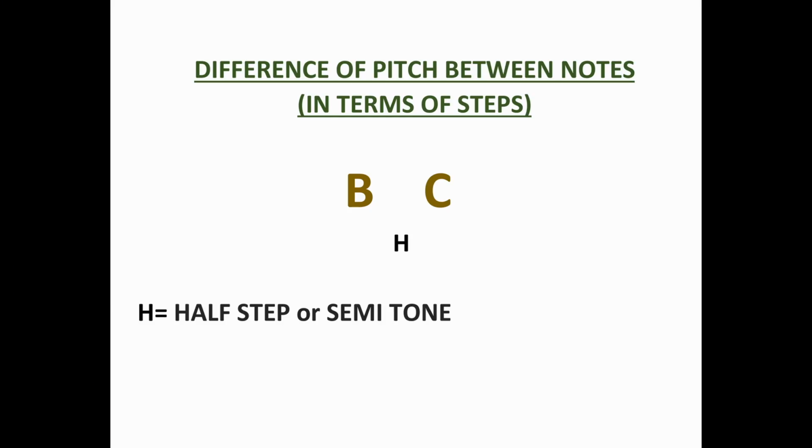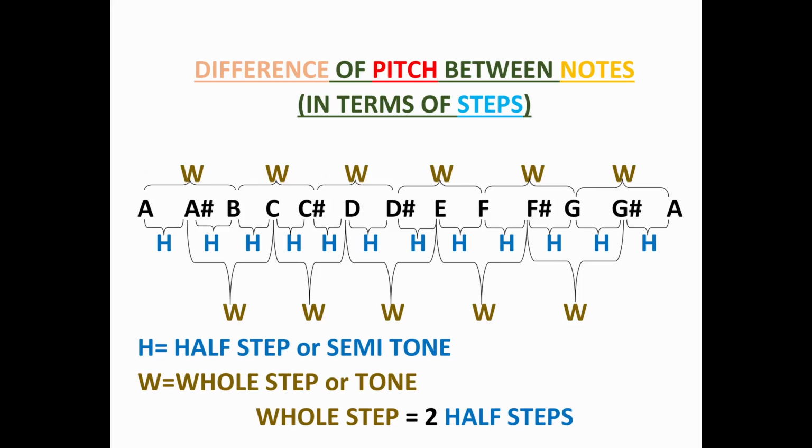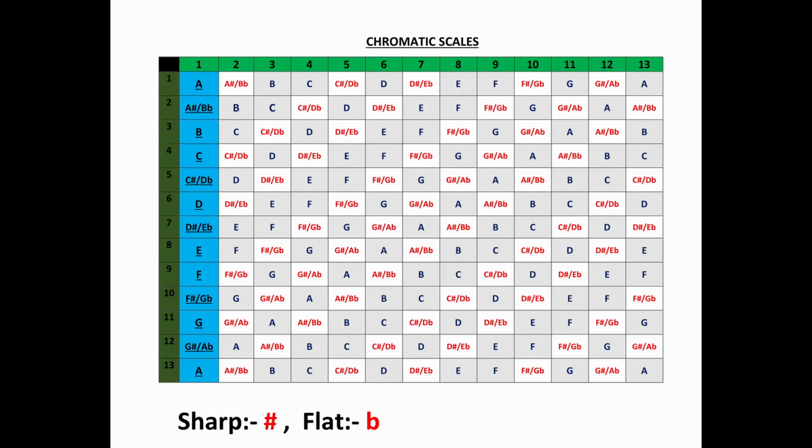Now here B and C, B does not have any sharp and C does not have any flat, so B to C is a half step, then C to C sharp a half step, then C sharp to D a half step. Likewise, all the 12 notes of the A chromatic scale will be a half step apart from each other.